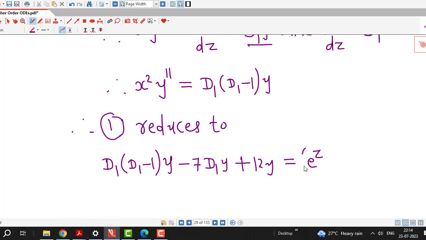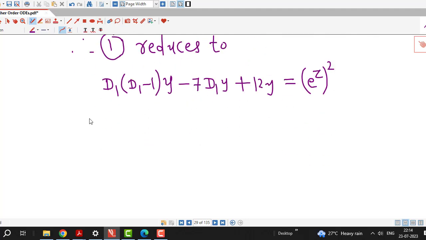X is taken as e raised to z, so we have the square of e raised to z. Now I can simplify this. I can take y common, and multiply D1 minus 1 with D1 to get D1 square minus D1.